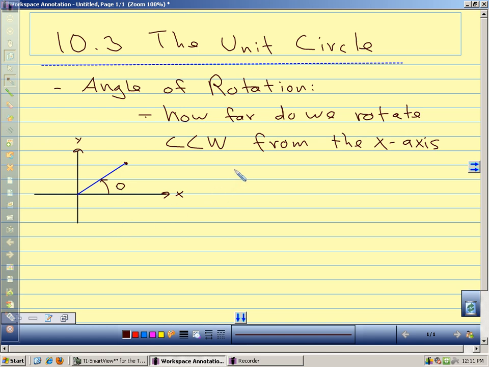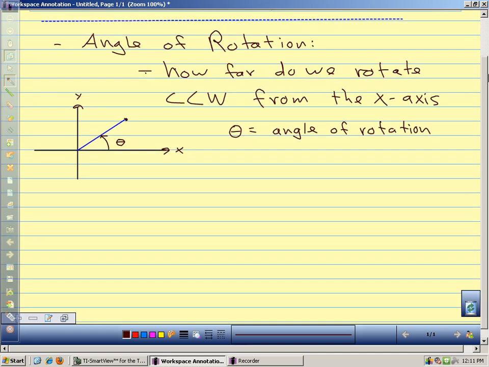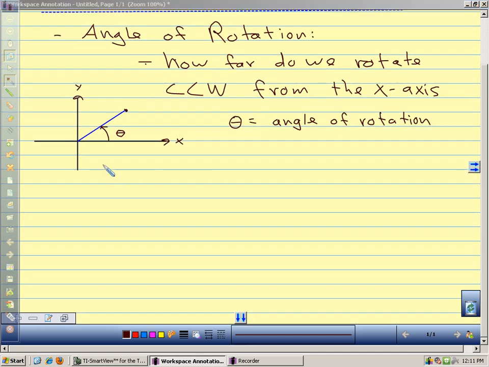So theta is the angle of rotation. So we start here at the x-axis and we count how many degrees we rotate around, and we're going counterclockwise. We'll just draw a bunch of pictures and talk about the angle of rotation for each of our little pictures.